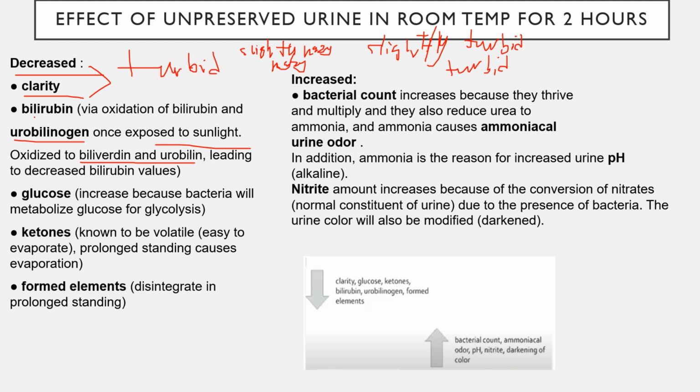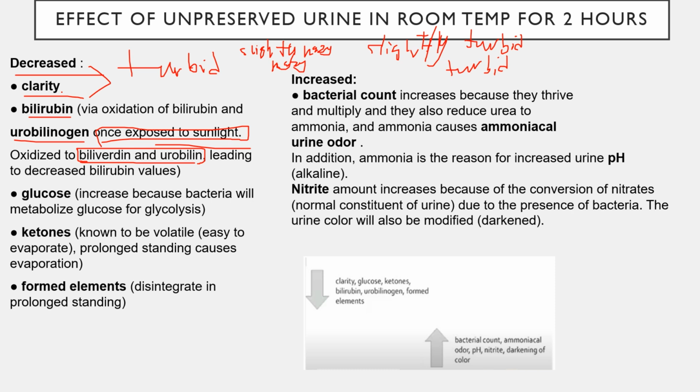Sorry, take note pala. Bilirubin, class, is oxidized into biliverdin and urobilin, leading to decreased bilirubin level. Si urobilinogen nyo, class, nadi-decrease siya once exposed to sunlight. So let me repeat. Bilirubin is oxidized into biliverdin and urobilin, causing its levels to decrease.